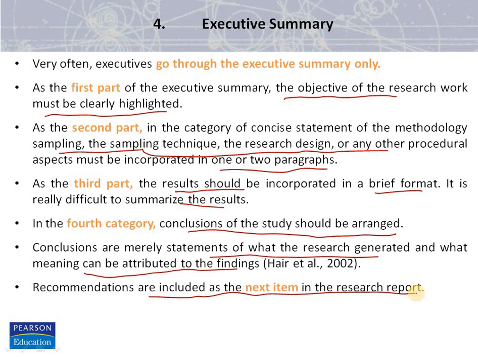So all these 5 items are a must. Then future scope and limitations can be added if required. Again, the size of the executive summary is only 300 to 350 words. So all these heads should be included within these word limits.